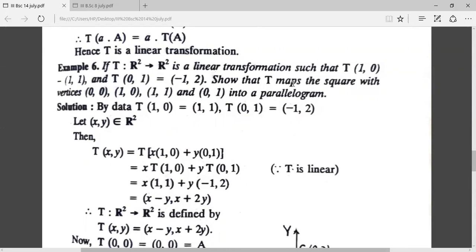To find the linear transformation, it suffices to take a two-dimensional vector (x, y) belonging to R2. Then you can write (x, y) as x into (1, 0) plus y into (0, 1).